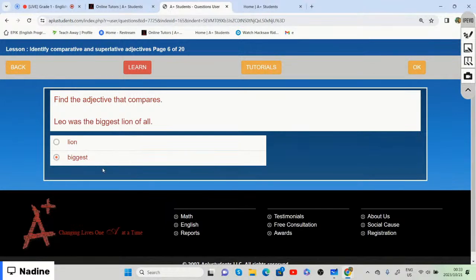So biggest is the adjective that compares. So biggest is correct. Did we choose biggest? Yes.